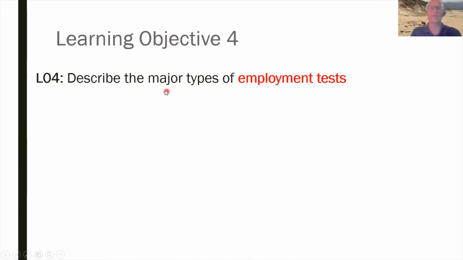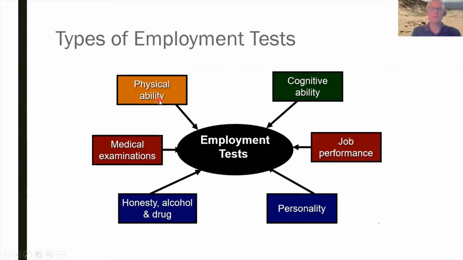We don't have to rely on your word or even somebody else's word. There are a number of different types of tests: physical ability, cognitive ability, performance, personality, honesty, alcohol and drug, and medical examinations. Each one of these we'll go through in detail. This is basically just a summary slide, so we'll dive into it.